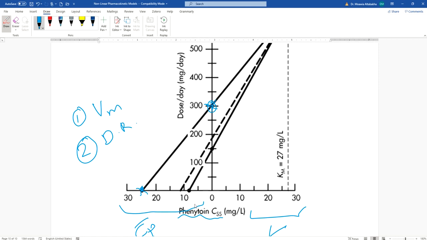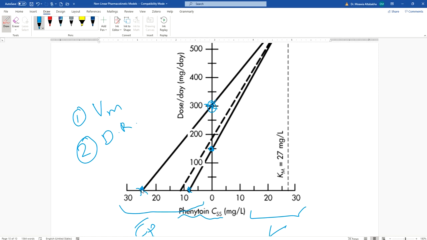Now go to the next dosing rate. You see it here, it's 150 milligram per day, which produced this point. Let me suppose that it is 7. So you have two data points here and two data points here.